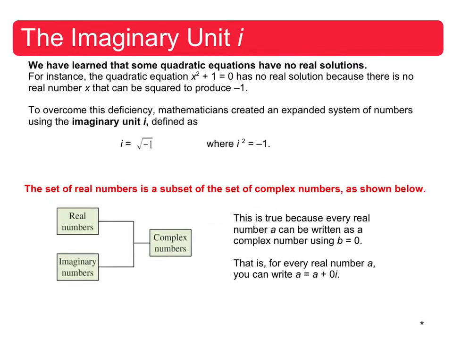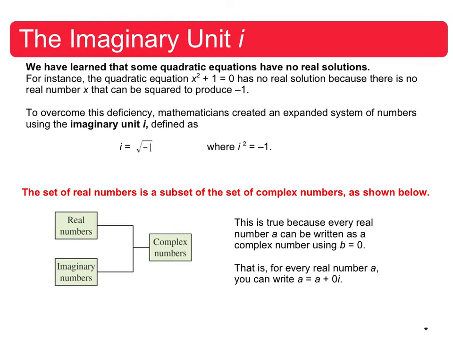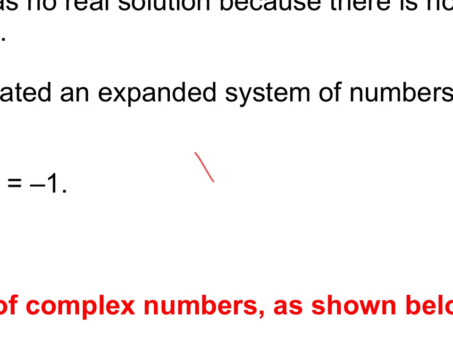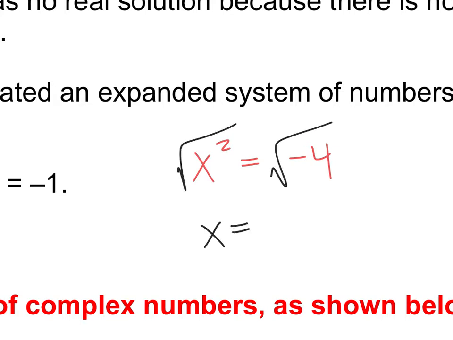So imaginary numbers, the imaginary unit i, essentially it's used whenever we have the square root of a negative number. Because we have always said that if, for example, I have x squared equals -4, and then I would try and take the square root of both sides so we could solve it, we'd get x equals plus or minus the square root, but there's no two numbers that multiply to -4, right?